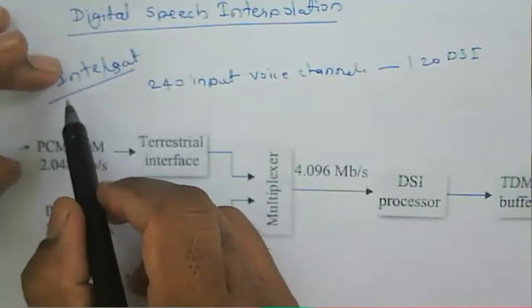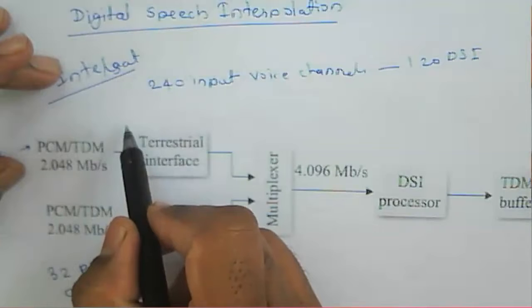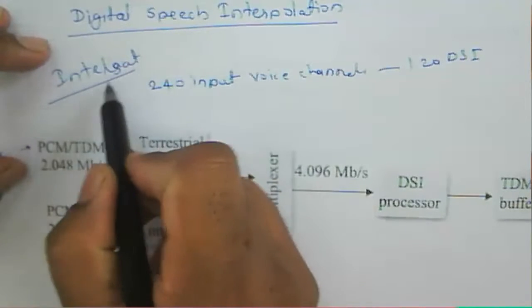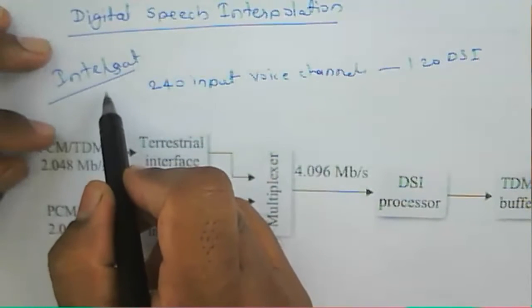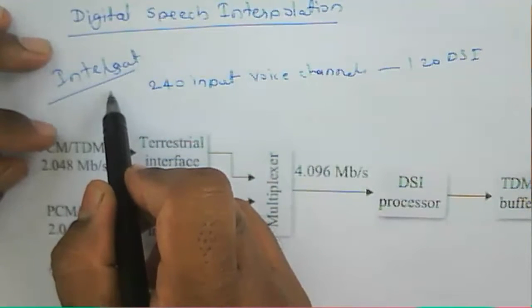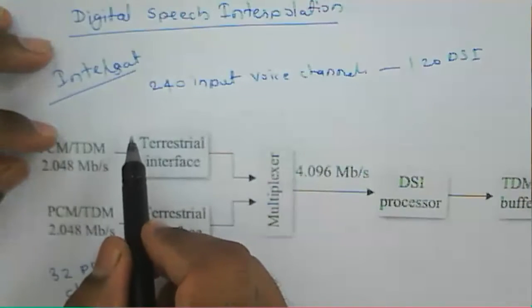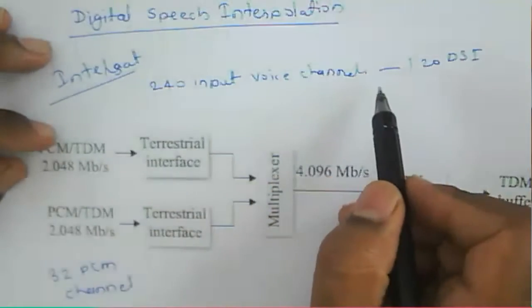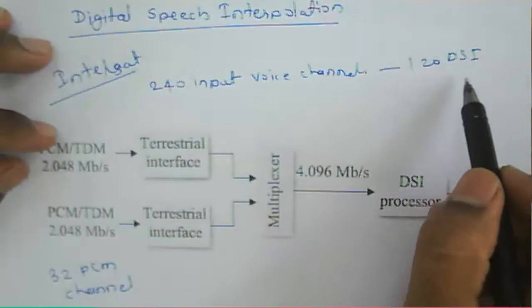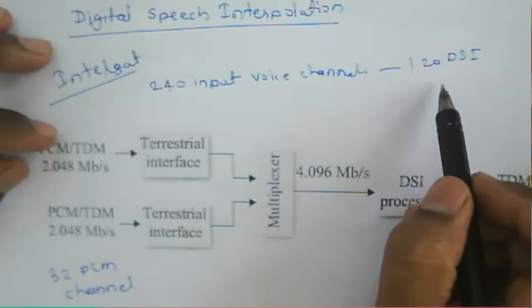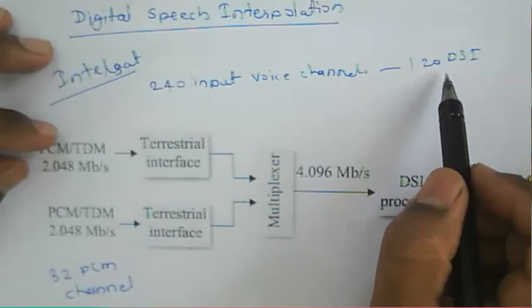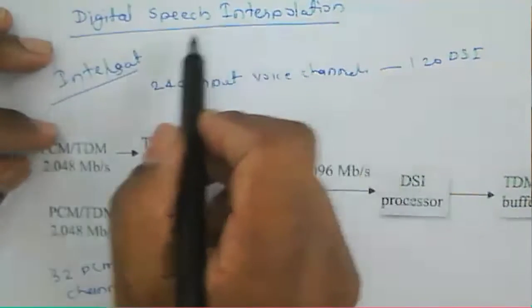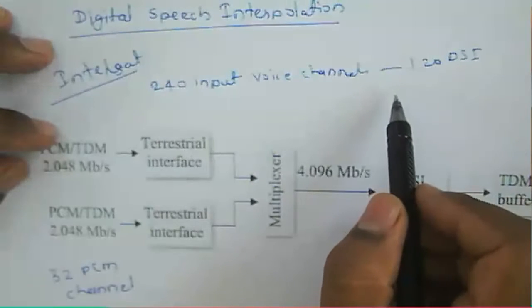Then we say that in an Intelsat system, they have 240 input voice channels, and from these 240 input voice channels, the output will be 120 DSI, or you can say digital speech interpolation modules.